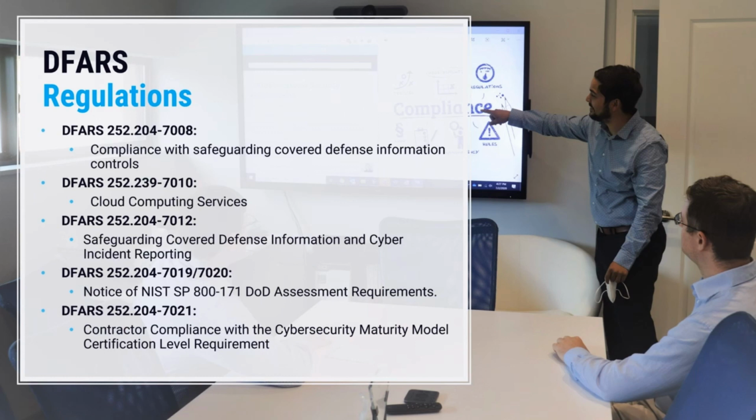So again, likely at level 3, but note that there's responsibility on you, if you're going to have subcontractors, to ensure that your subs are meeting the same level as the level of the contract that you're performing on.